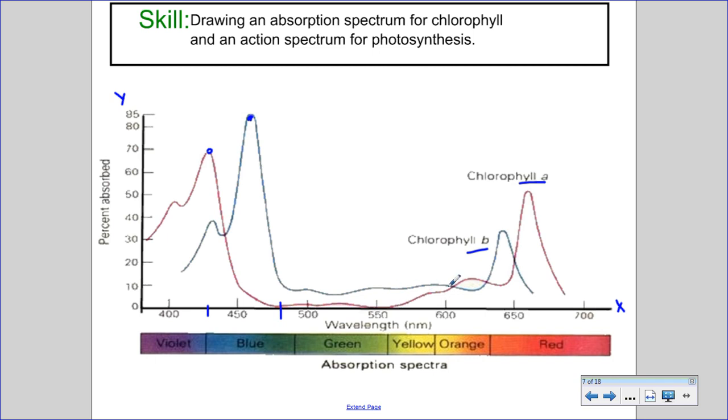And then as we come into the orange-red end of the light spectrum, absorption increases again for both chlorophyll A and chlorophyll B. So in your drawings, the absorption spectrum for each chlorophyll pigment should cover that range of color, with peaks at the blue end around 450-ish, and a second peak in the red area of visible light.